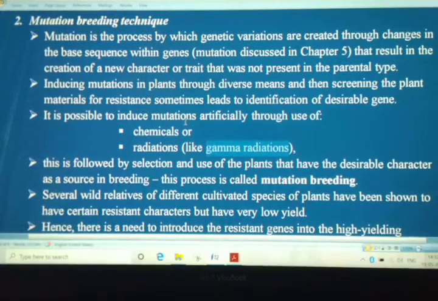Mutation has to be induced artificially, and that is followed by selection and use of the plant which has the desirable character as a source in breeding, and this process is called mutation breeding.